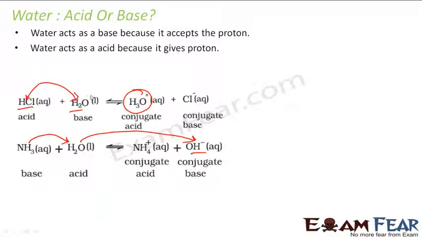When you react water with HCl, the acid, it takes a proton from HCl, becomes H3O plus, and acts as a base. So it's a very funny chemical actually, water. It is both acid and base, and that's why it is neutral. We'll talk about the pH scale and why it is neutral.